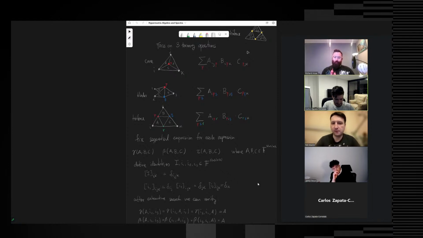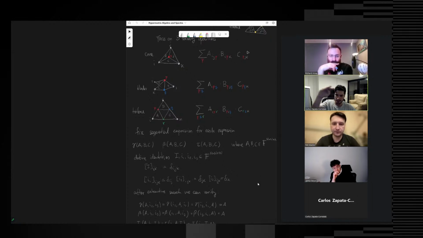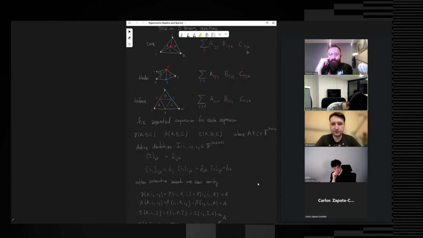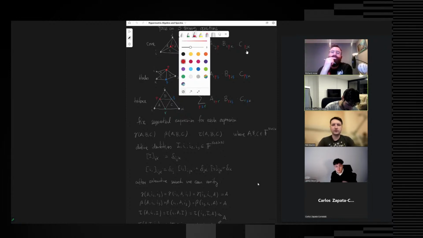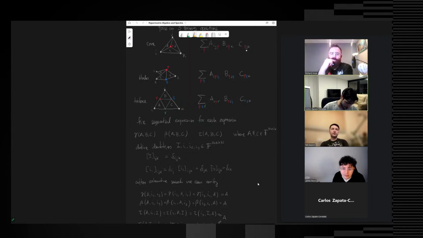By fixing some sequential expression for each of these, meaning you take these indices in a tuple, not just in an unordered colored list, we basically define these as ternary operations for matrices.